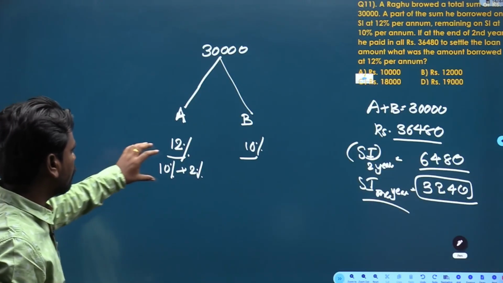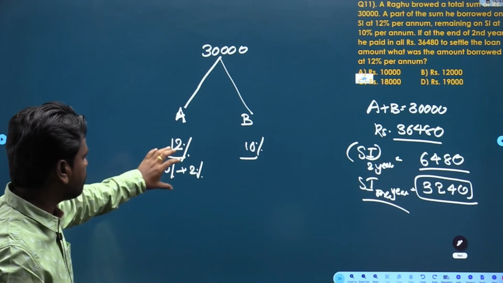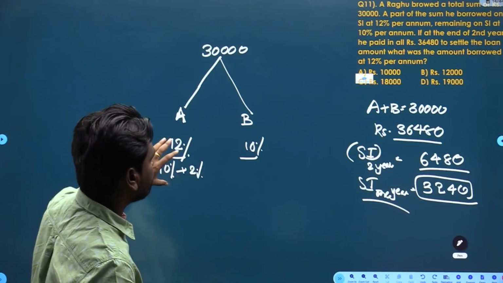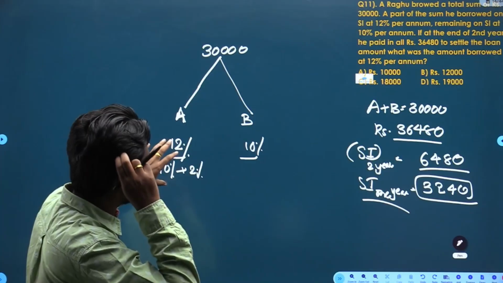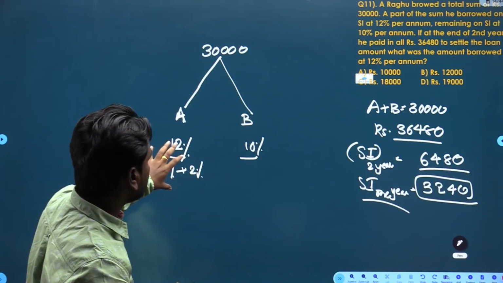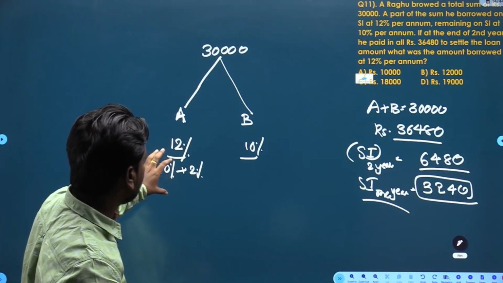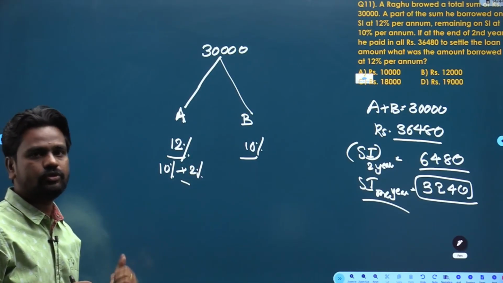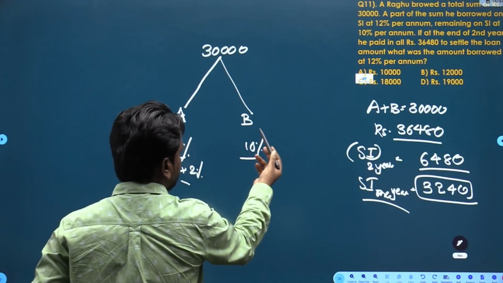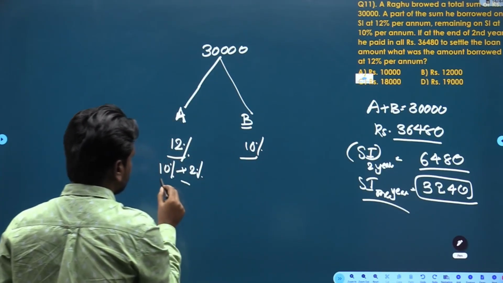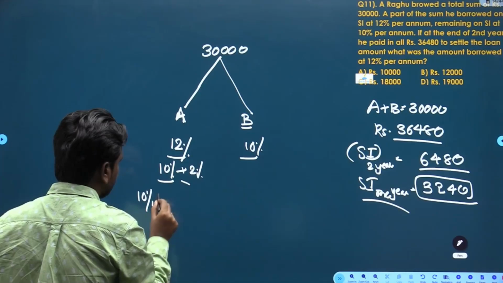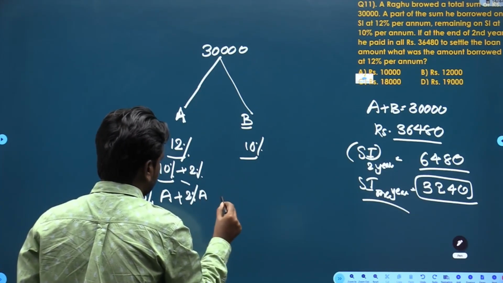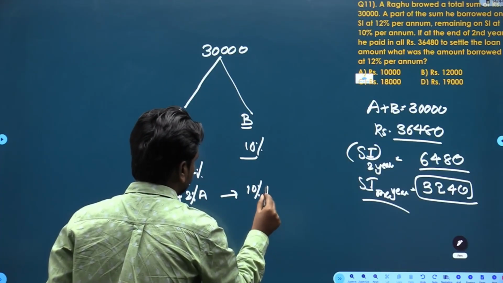So he borrowed A at the rate of 10% plus 2%, and B at the rate of 10%. So I can write 10% of A plus 2% of A, and 10% of B.